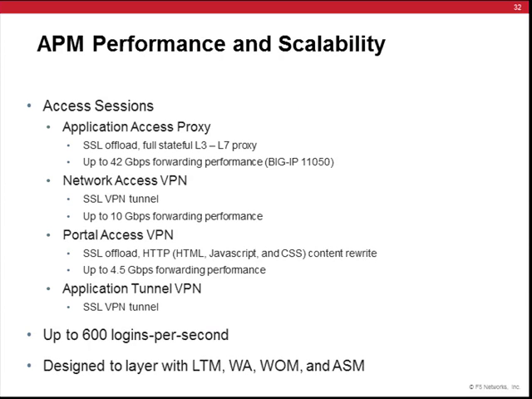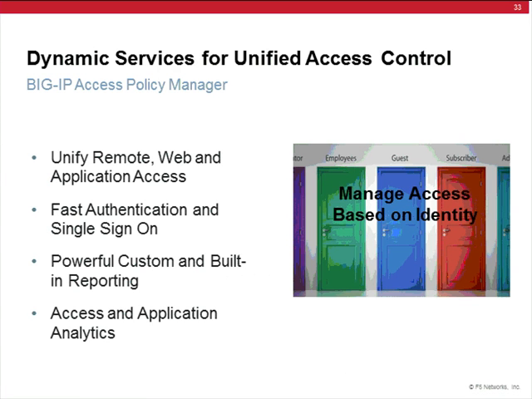as well as support quite high forwarding performance. And also, you're selecting a platform that can be layered with a number of different solutions: acceleration, optimization, application security, highly recommended for accessing those applications to have that security in place.